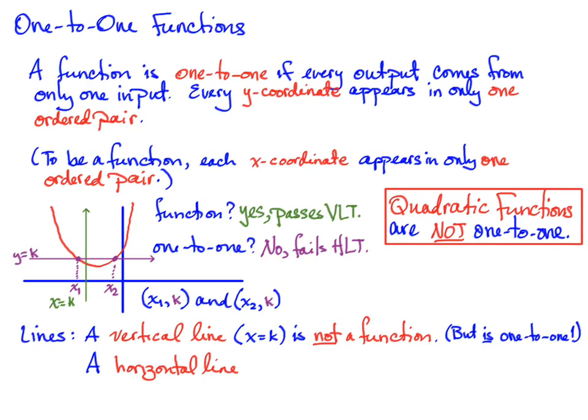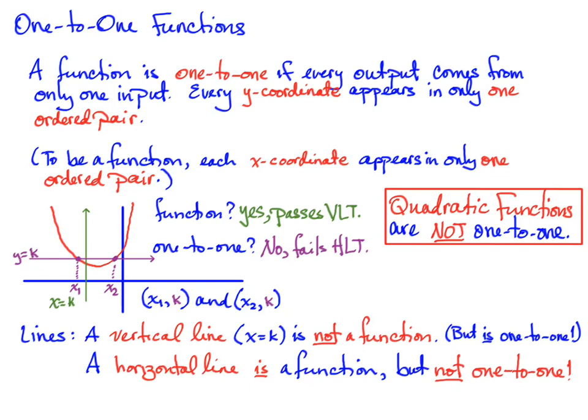So all the points will have the same y-coordinate, but they'll all have different x-coordinates. So a horizontal line is a function. It will pass the vertical line test, but it obviously will fail the horizontal line test. So it's not one-to-one. So a horizontal line is a function, but not a one-to-one function. A vertical line isn't a function, but it is a one-to-one relation.